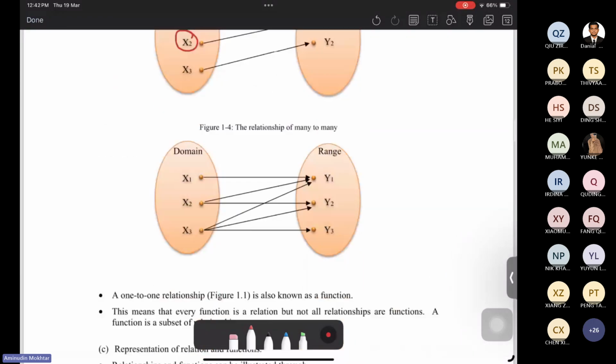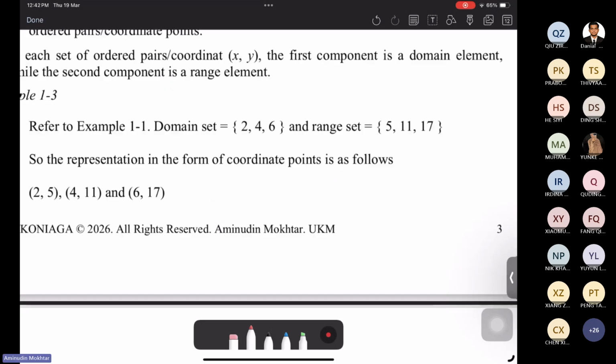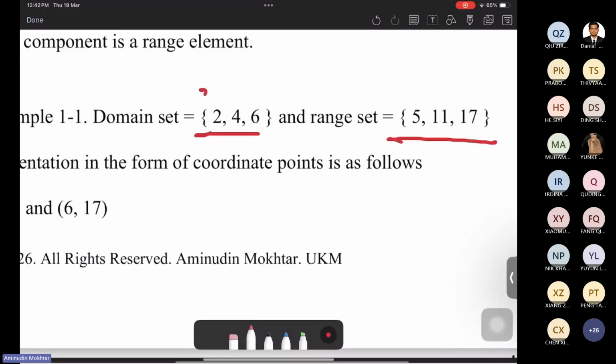And then we can also plot the coordinates. Again, refer to example 1.1. We have the domain set and the range set here. For x, we have x1, x2, x3, and y1, y2, y3.